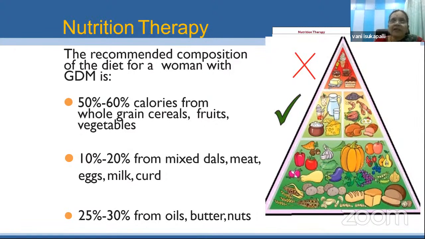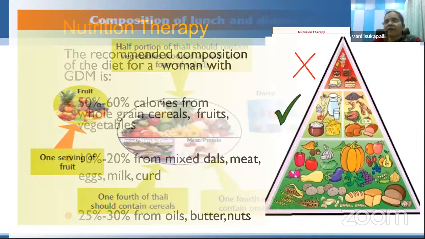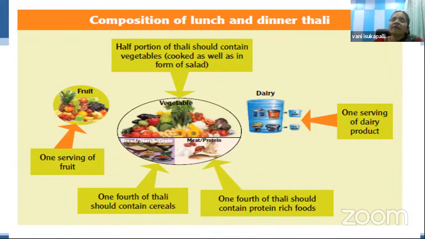So this is the basic thing, but it is difficult to explain to the woman regarding this percentage fashion. So this is the basic format, easily understood by the women. The composition of lunch and dinner thali.